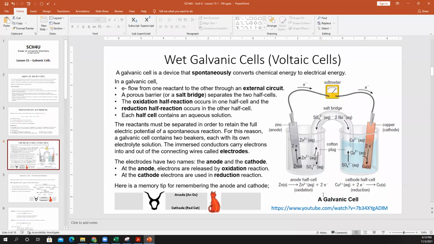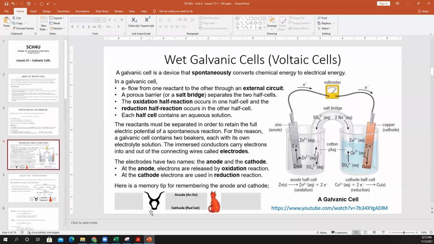And just a memory tip, because I know I myself and probably many people find it hard to remember which side is called the cathode and which side is called the anode. They use this memory tip: an ox.